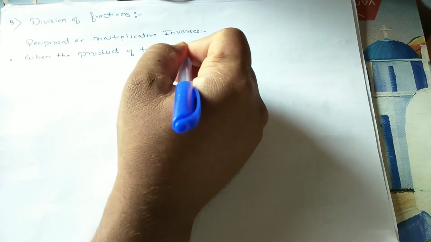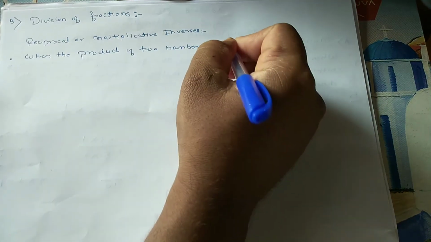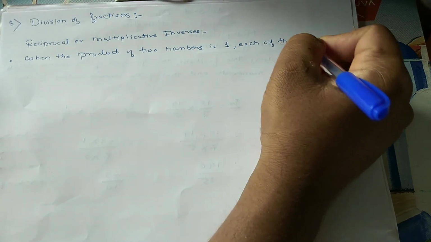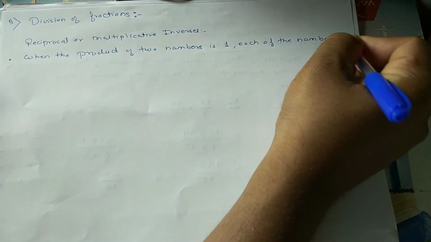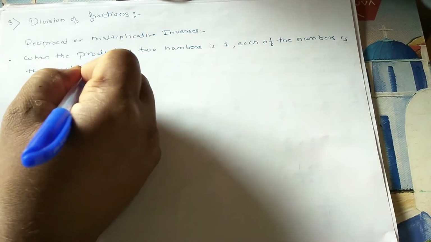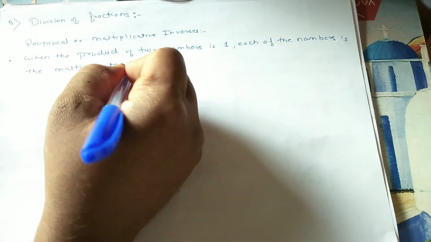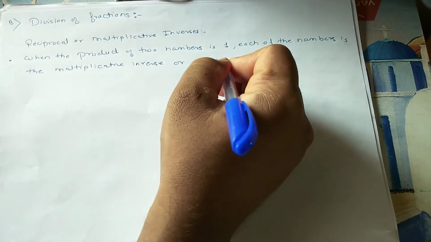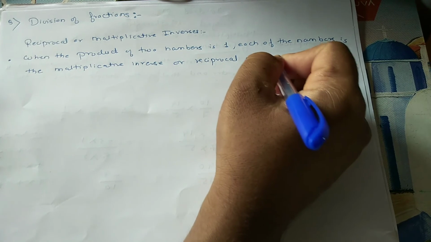So for that you have to remember, when the product of two numbers is 1, each of the numbers is the multiplicative inverse or reciprocal of each other.